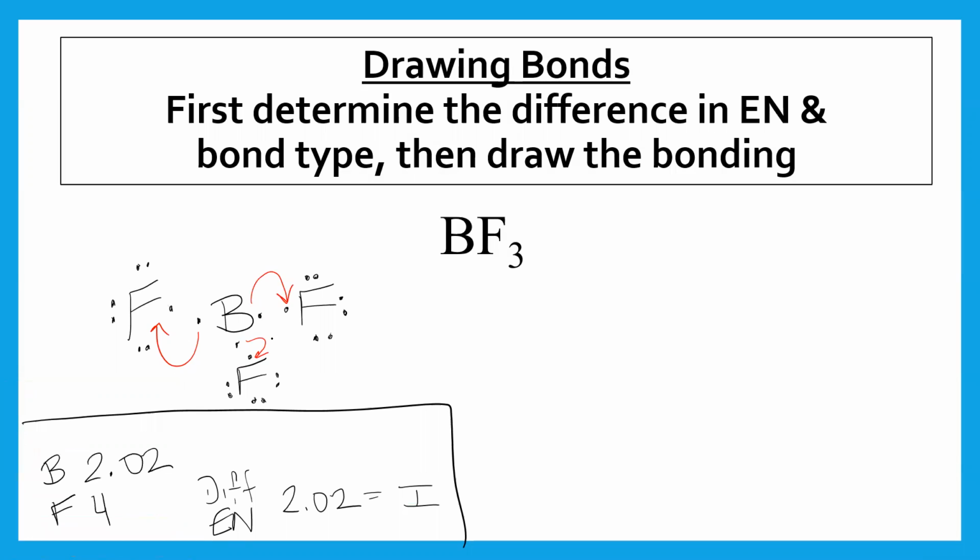So I'm going to redraw this. I'm just going to keep it in the same shape. Why not? I'm just trying to see if you get the hang of this. So if you need to redraw the dot structures, that's fine. But each fluorine gained an electron, so they gained negativity.